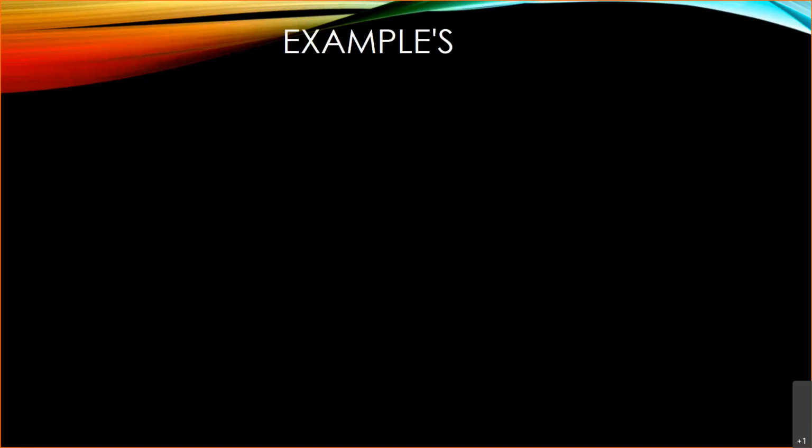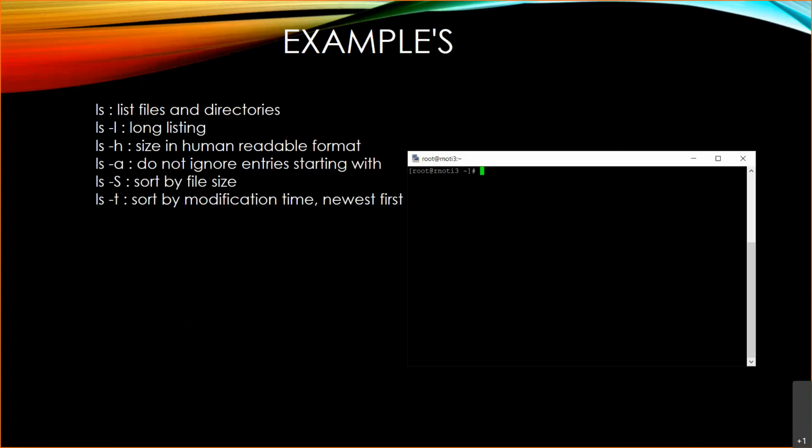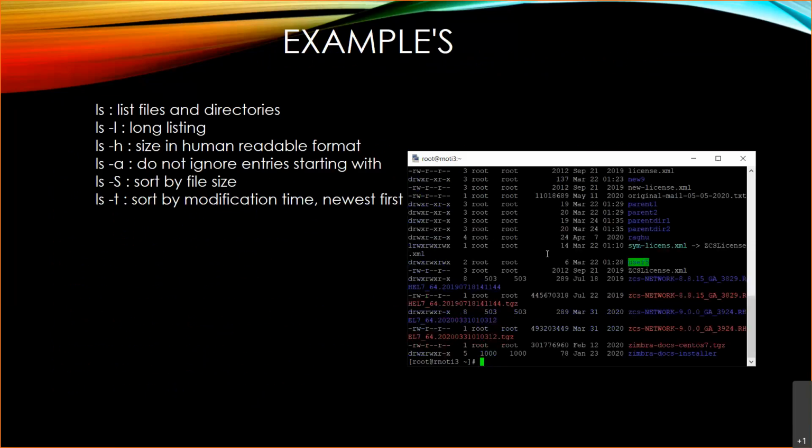Now we will see some examples. So ls. By default, ls will display the output like this, only with the file names. And if we use ls -l, it prints the long listing, which means file permissions, number of links, who is the user, date and time, and file name.